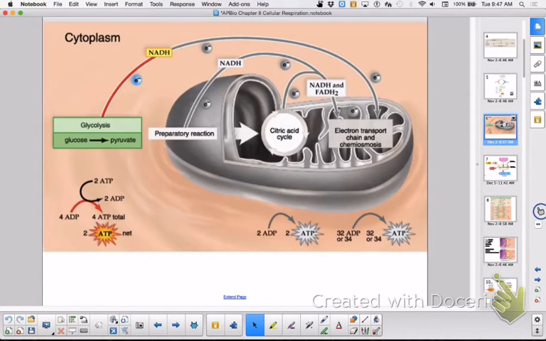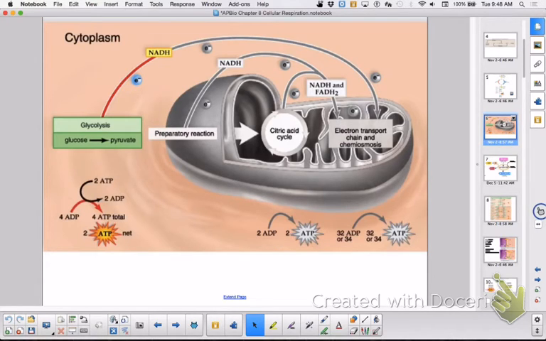Do you remember before, who caught the electrons at the end of photosystem 1? Who caught the electrons? NADP forming what? Reduced NADP. This time we only do one electron chain, but we burn those electrons out, making our hydrogen ion gradient.